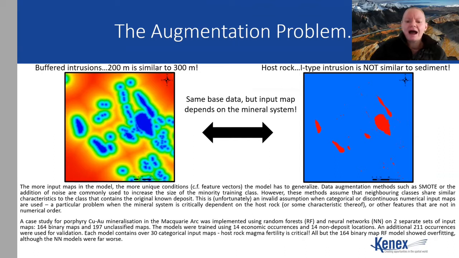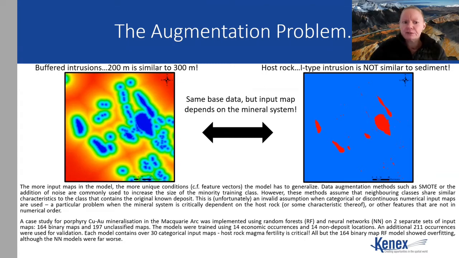But what happens is these methods assume that the neighboring classes share the similar characteristics to the class that contains the original known deposit, which is highlighted in these examples on the screen here. So on the left, we have buffered intrusions.